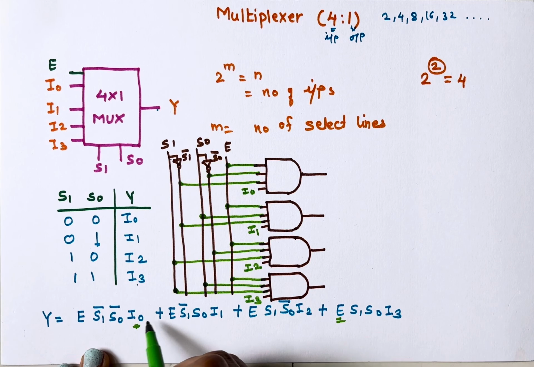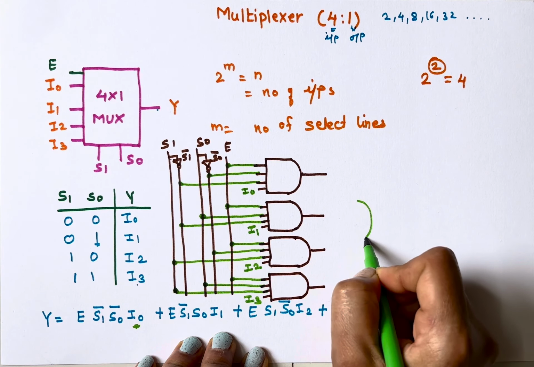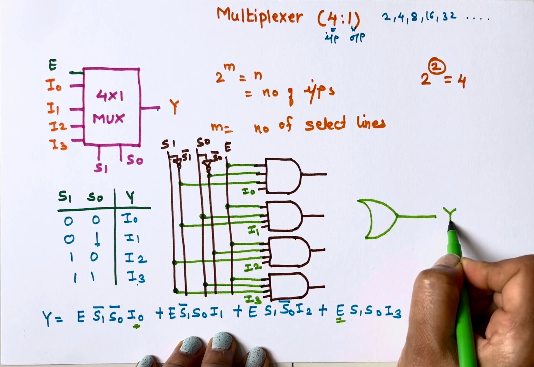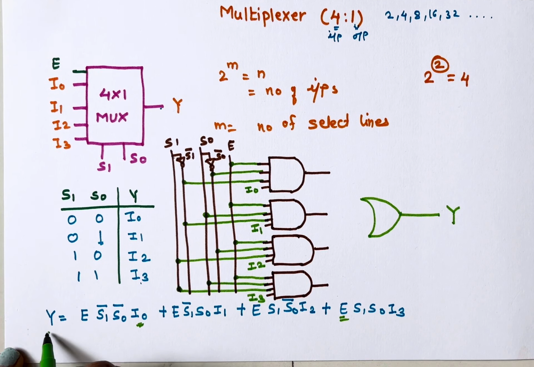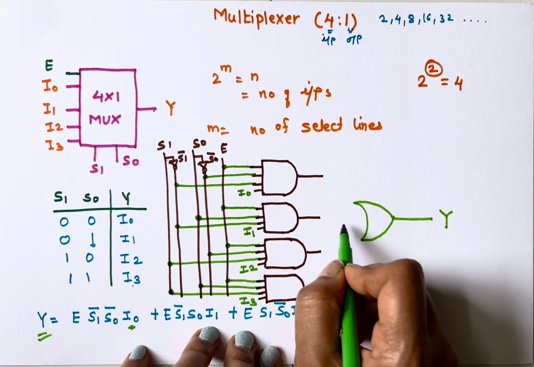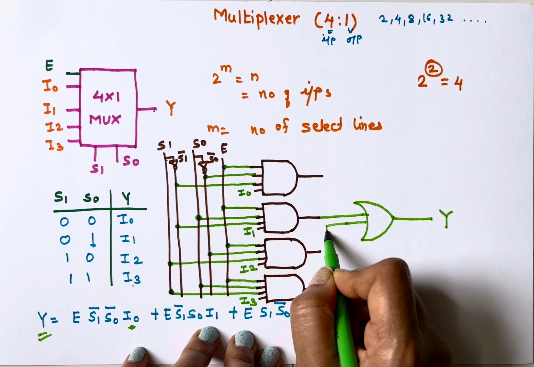Then there is an addition of these 4 outputs. For addition I'll use an OR gate here, and this is my final output Y. The inputs to my OR gate are the outputs of these AND gates.